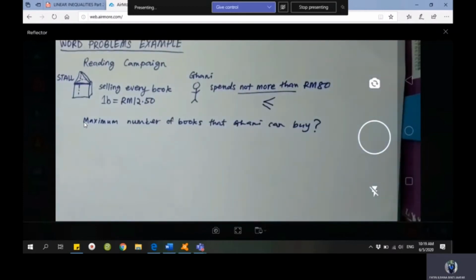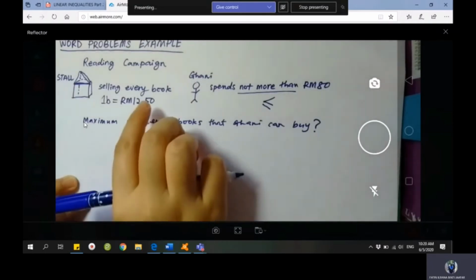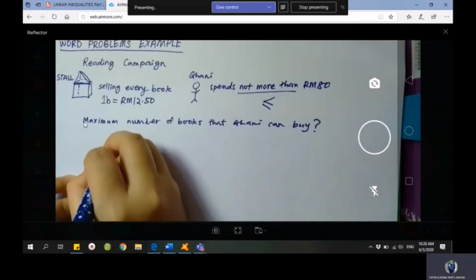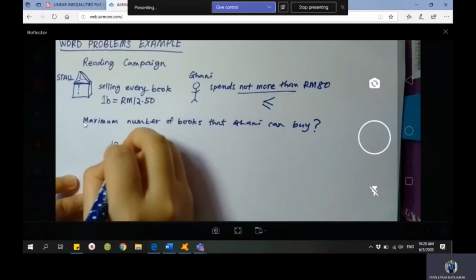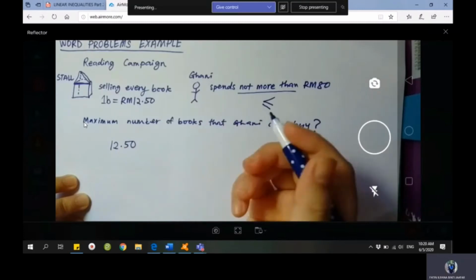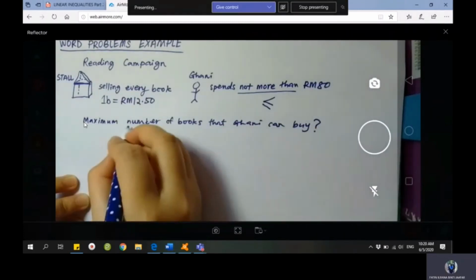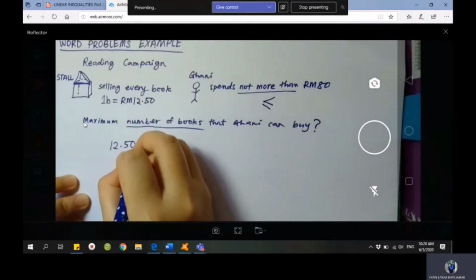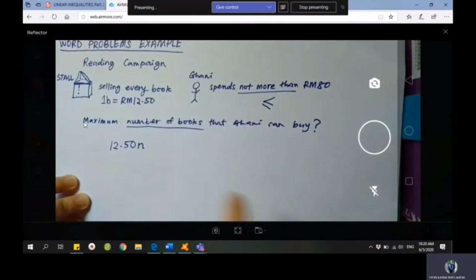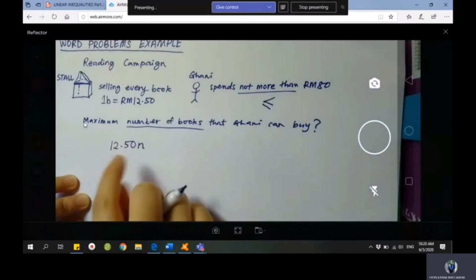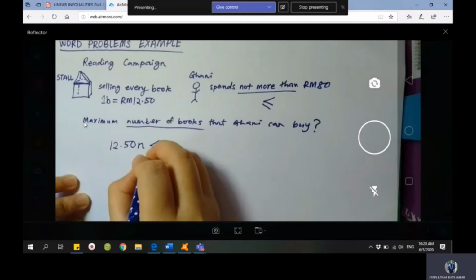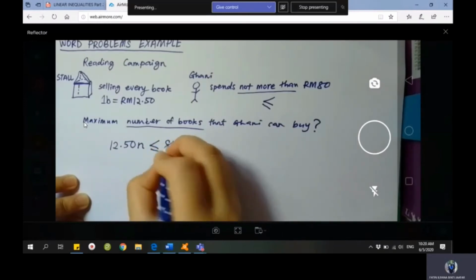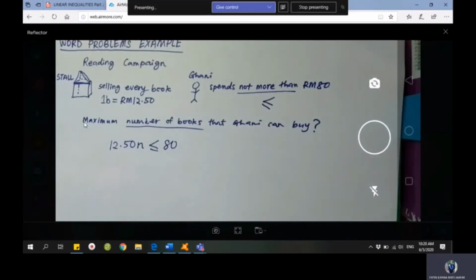So you have to set up the linear inequalities. So our linear inequalities RM12.50, RM12.50 darab dengan berapa buku yang Gani beli. So number of books, maybe dia beli something lah, N. Okay. So N ni bila kita darab ni tak boleh lebih 80. Okay, so macam mana nak buat?